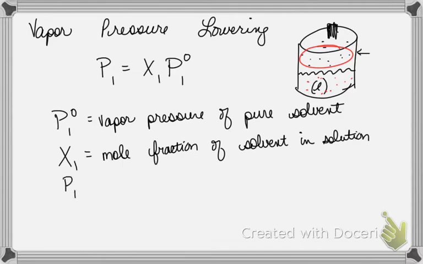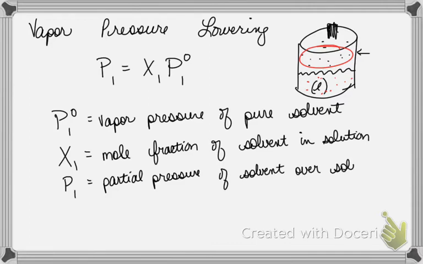And then just the regular old P1 is the partial pressure of the solvent over the solution. As we're discussing this, the partial pressure of the solvent is going to be lower than the vapor pressure of the pure solvent.